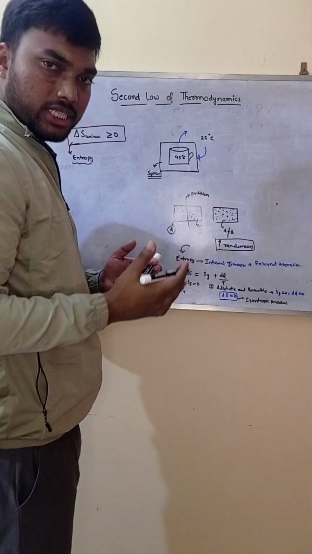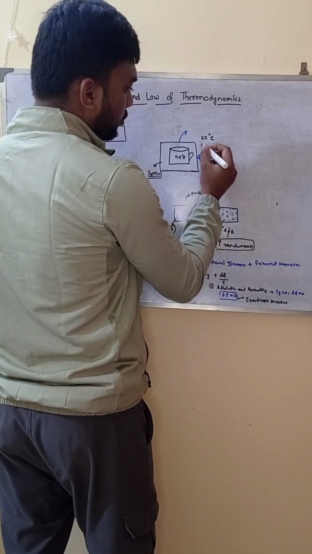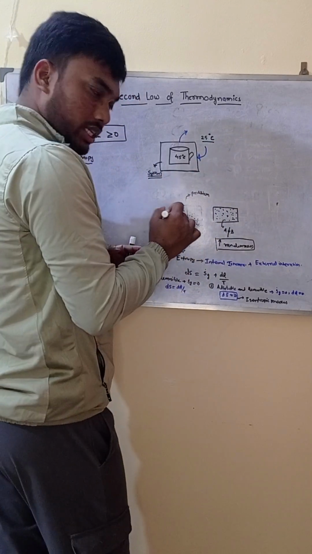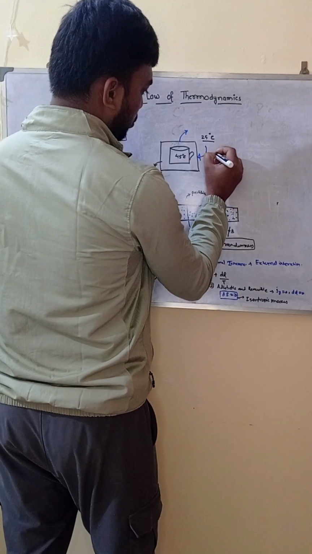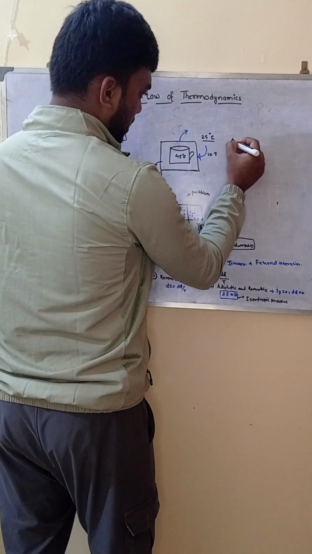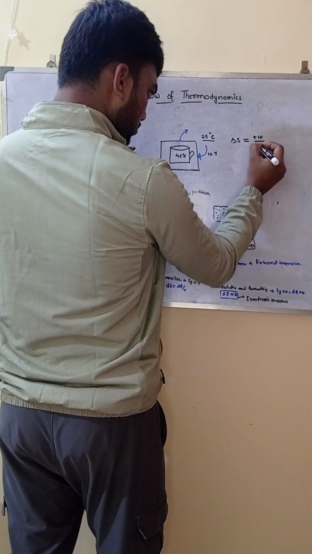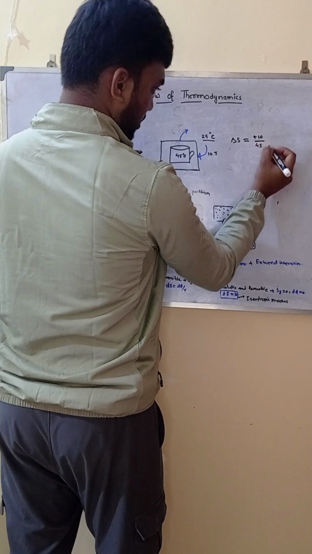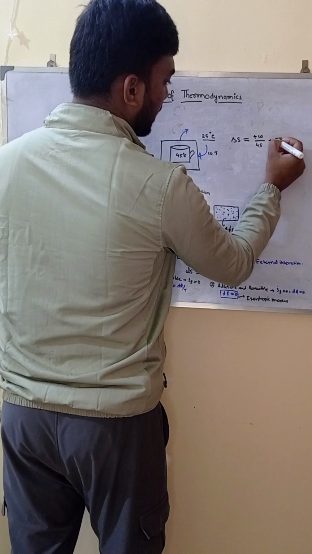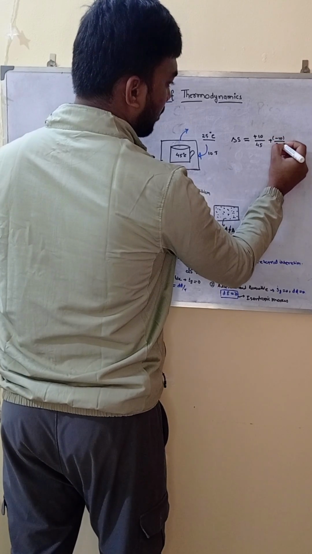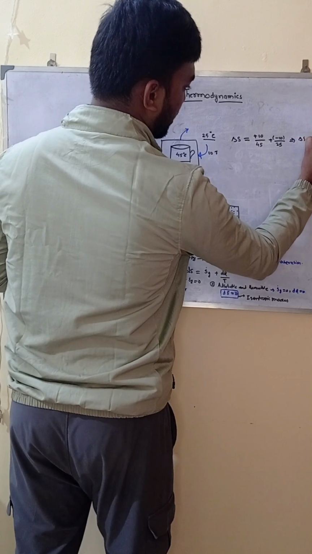First, against our intuition, energy is transferred from lower temperature to higher temperature, that is, from the surrounding to the hot cup of tea. Let's say it is 10 joule. If we write delta S, for the system it will be plus 10 upon 45, plus, for the surrounding, minus 10 upon 25. Here we can see delta S is coming out to be negative.